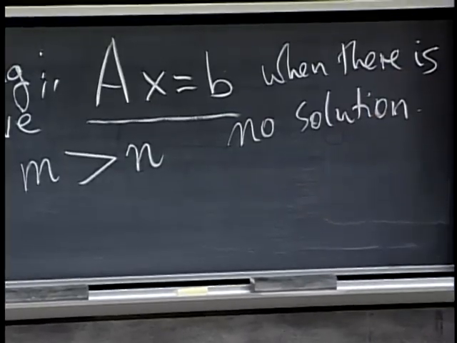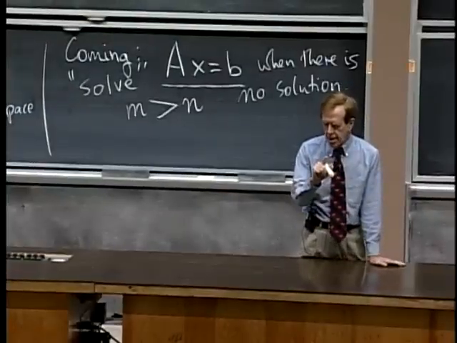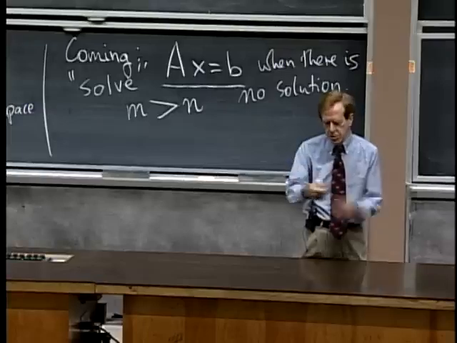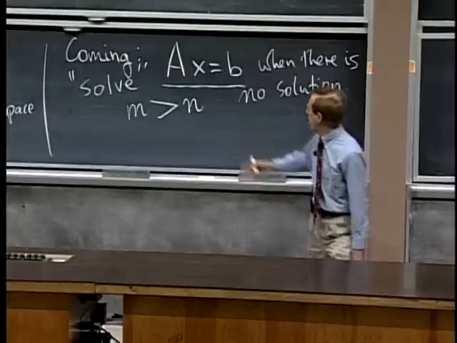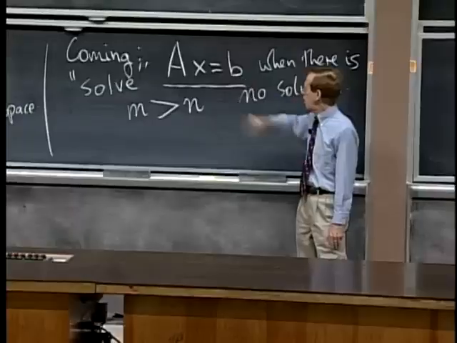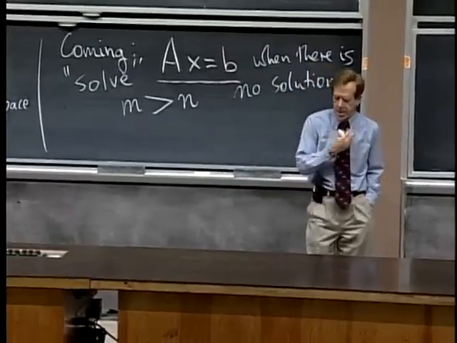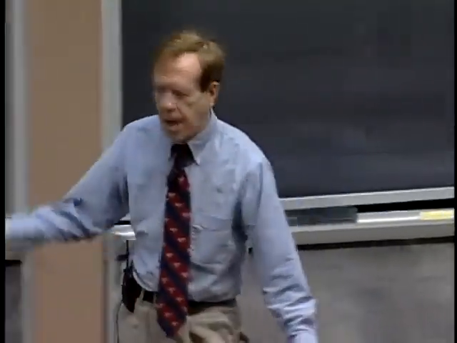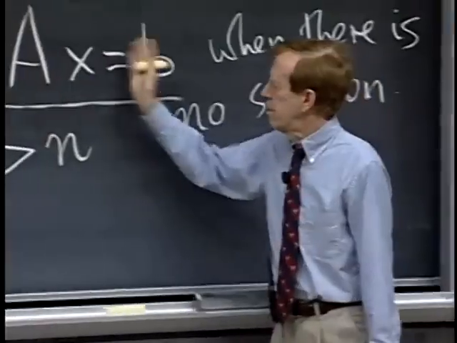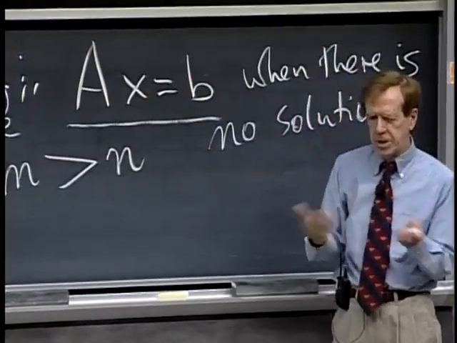Okay. Now, that describes the problem in an algebraic way. I've got some equations. I'm looking for the best solution. Well, one way to find a solution is to throw away equations until you've got a nice square invertible system and solve that.